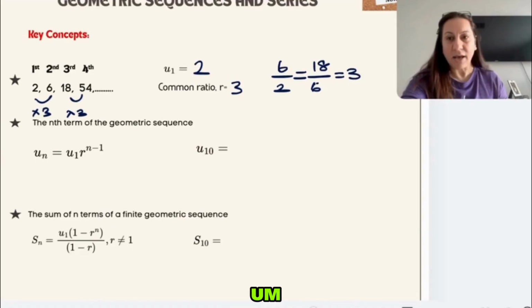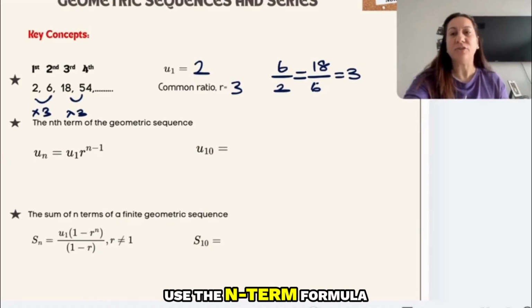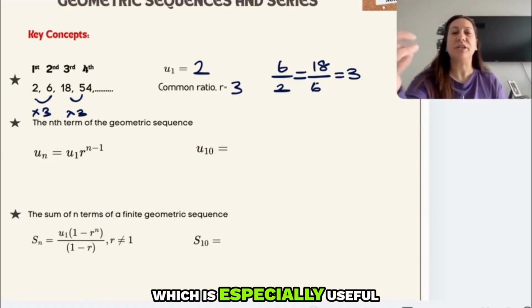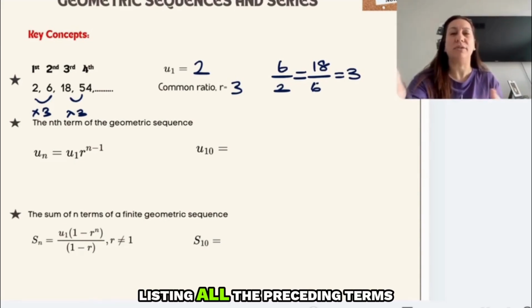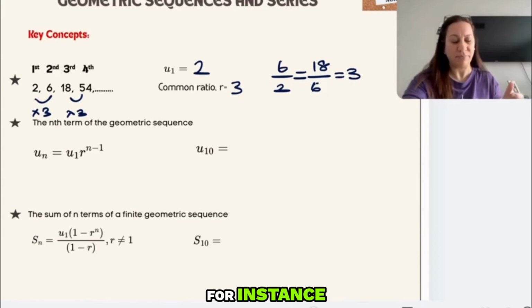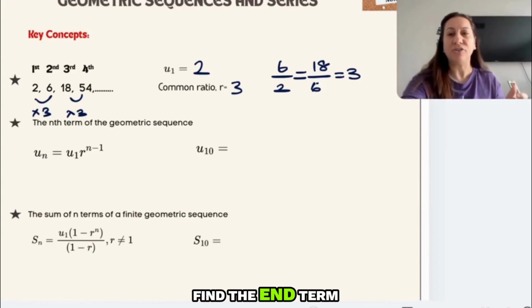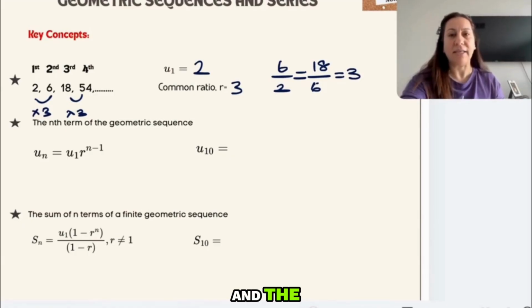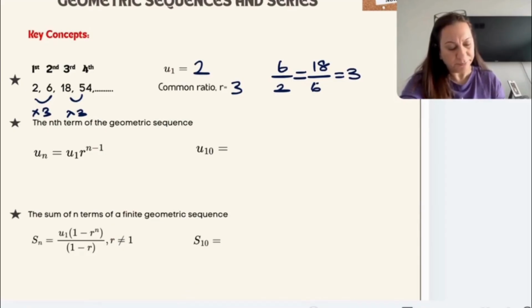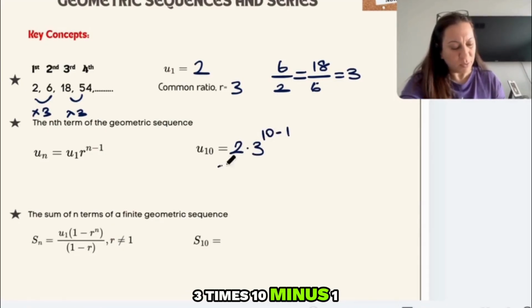Next, we will use the nth term formula, which is especially useful because it allows us to find any term in the sequence without listing all the preceding terms. For instance, if you want to find the 10th term of the sequence, we substitute the first term, the ratio, and n equal to 10 into the formula, and we will obtain 2 times 3 to the power of 10 minus 1.